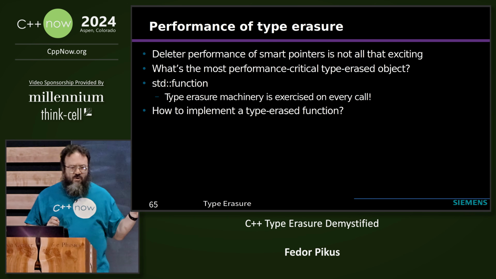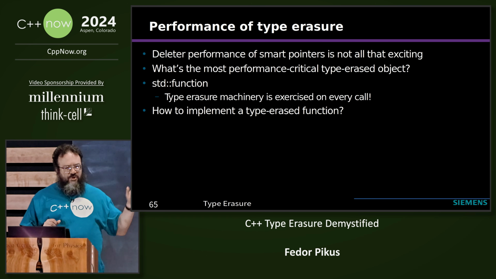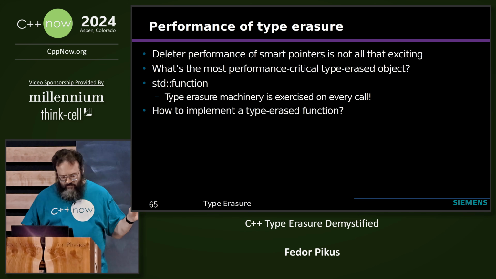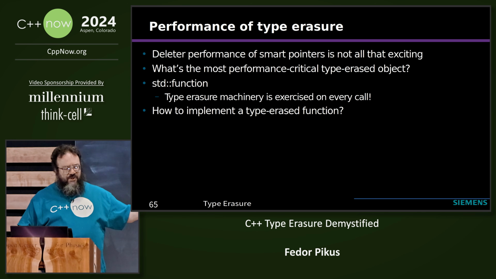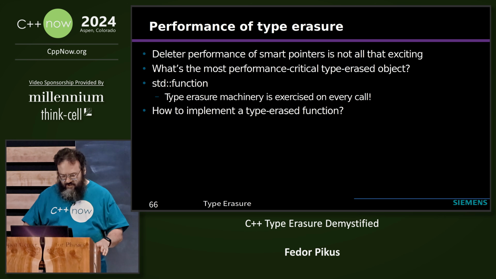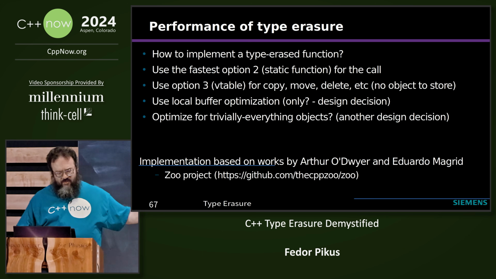Well, let's look at the other object where you actually care most about the performance of the type erased execution path, and that's std::function. I'm going to compare it with my own type erased version of std::function. As I mentioned, here is the reference to the zoo.